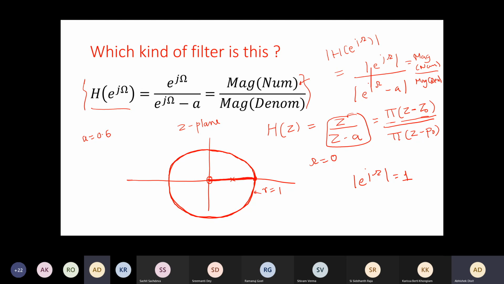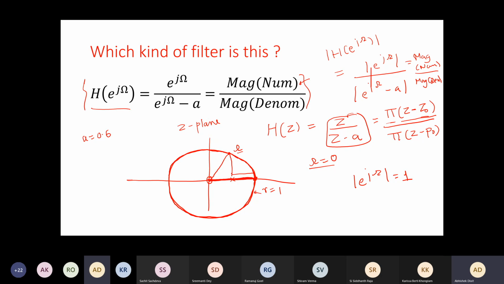Clear? Now let me choose a different frequency here. Its magnitude from this zero is again this length, which is again 1. Clear? Now to find the magnitude of the denominator, I have to find the length. If I'm finding the magnitude of the denominator at ω equals 0, this will be the corresponding length, and at this frequency, this will be the corresponding length.